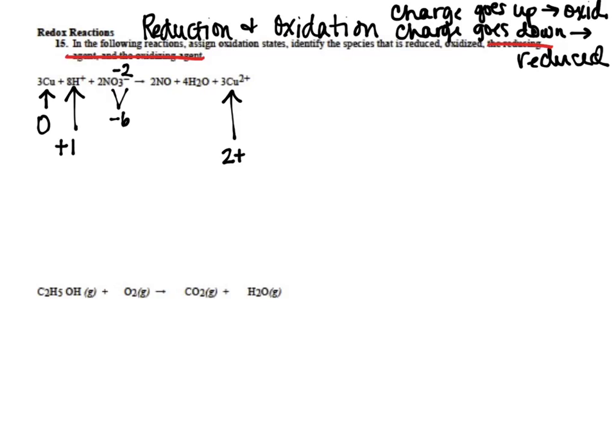This polyatomic has an overall charge of -1. So what does nitrogen's oxidation number have to be to get us to -1? Positive 5. So N is a +5.